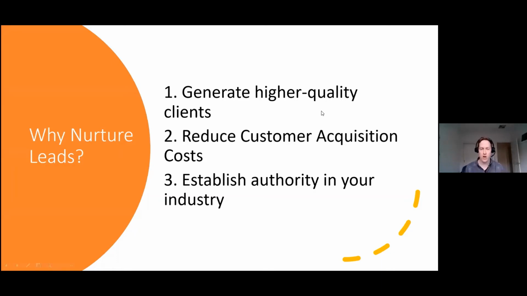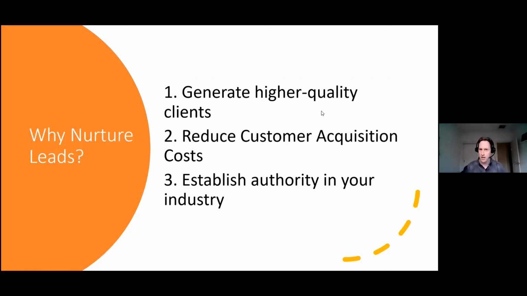Now, just a little bit of a preamble about why it's important to nurture leads. There's three main reasons why I believe this is the case. First of all, you can generate high quality clients. If you think about when someone is interested in your product or your service, by nurturing them in the right sort of way, or at least just keeping you top of mind, by giving them valuable education, you're actually creating an experience to teach them how to become a better client.